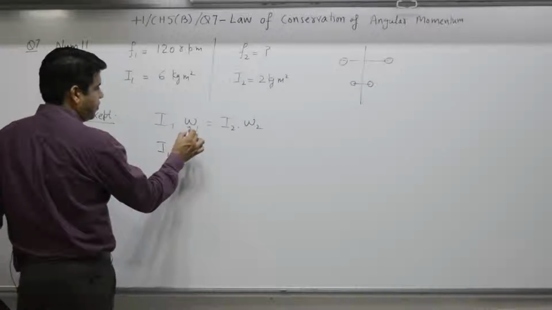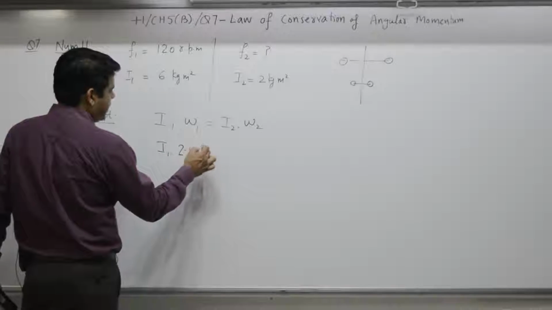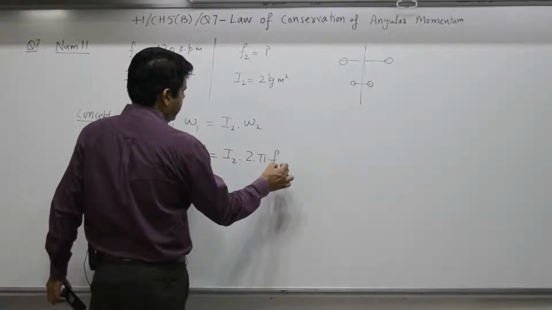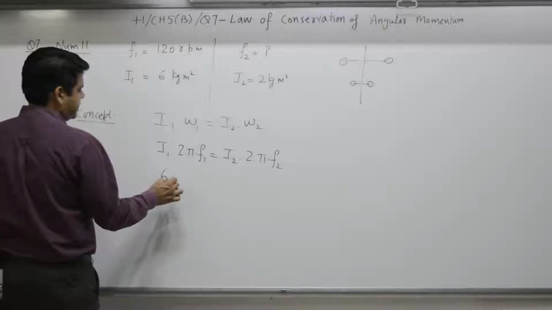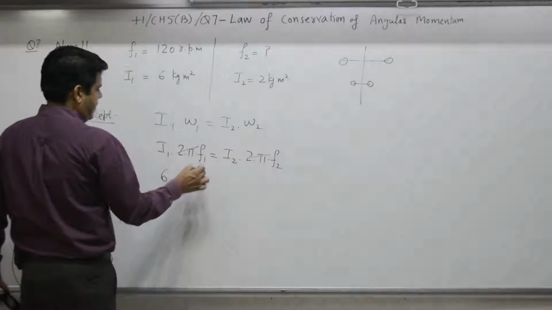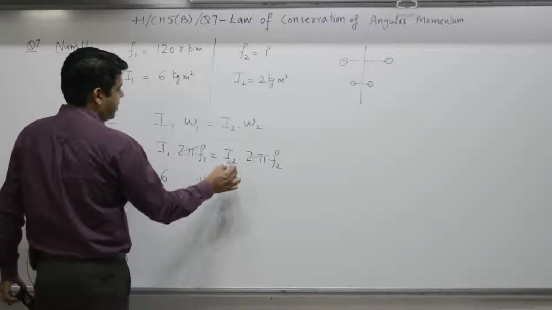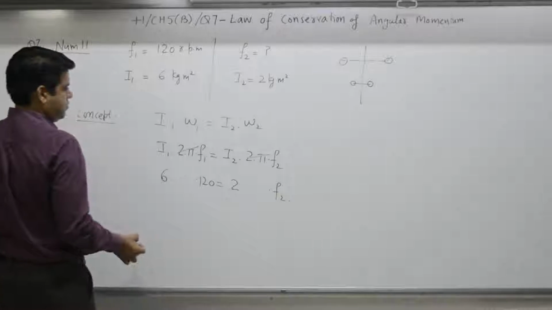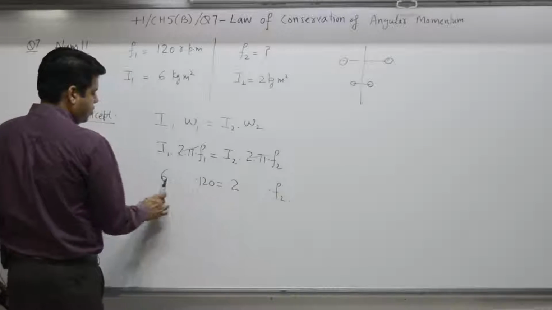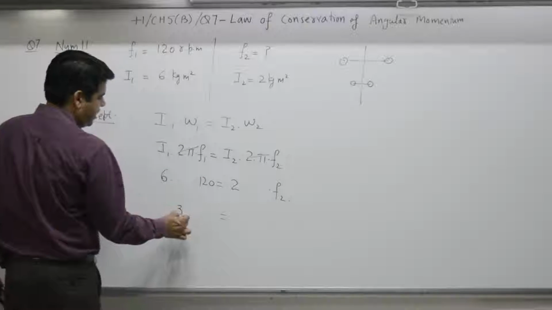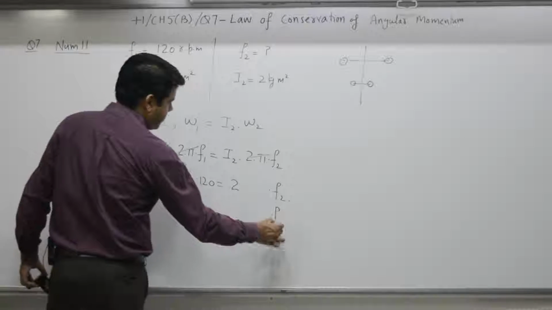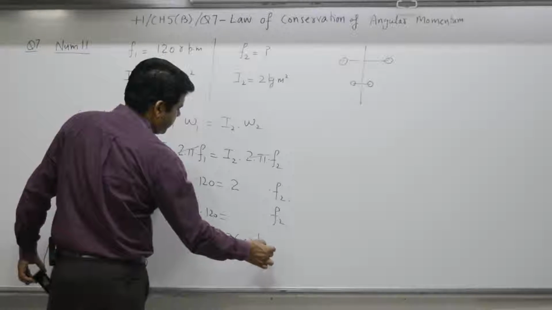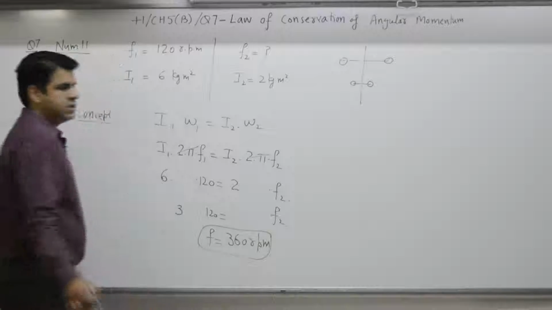I1 omega is equal to 2 pi f, equal to I2 2 pi f2. I1 is 6. 2 pi cancel. F1 is 120 rpm. I2 is 2. Find F2. Yes, 6 by 2 is 3. 3 into 120. F2 comes out to 360 rpm.